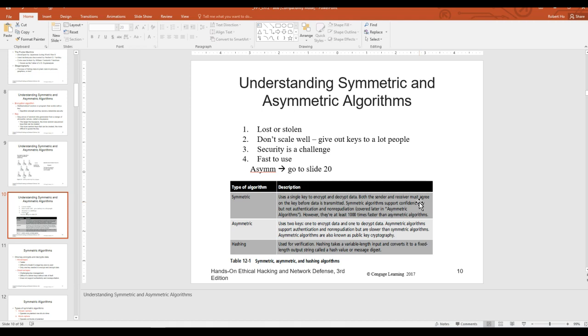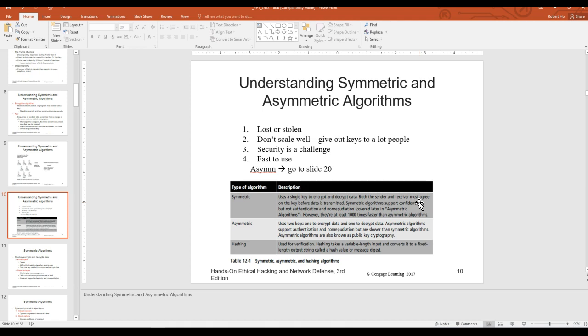Whenever I go to the bank to open my safety deposit box, I need to bring my private key and the bank will have the public key, so we can open the safety deposit box together. This is called asymmetric. We use 2 keys. This supports authentication and non-repudiation, although it is slower than symmetric algorithms, as I mentioned before. This is also known as public key cryptography.